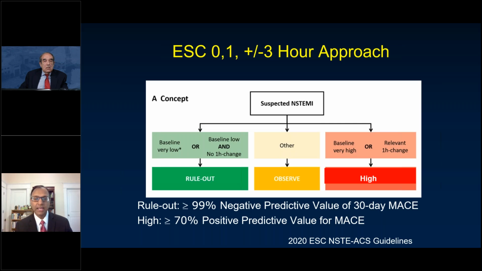In contrast, the high risk group has a 70% positive predictive value for MACE at 30 days, which is why they're observed and potentially treated to avert the MACE from occurring, which may include urgent cath and potentially percutaneous intervention or other revascularization if needed.